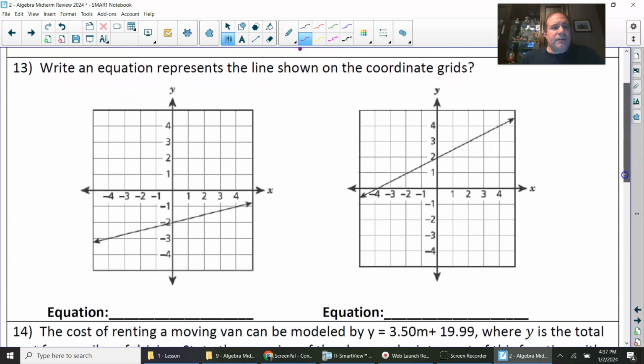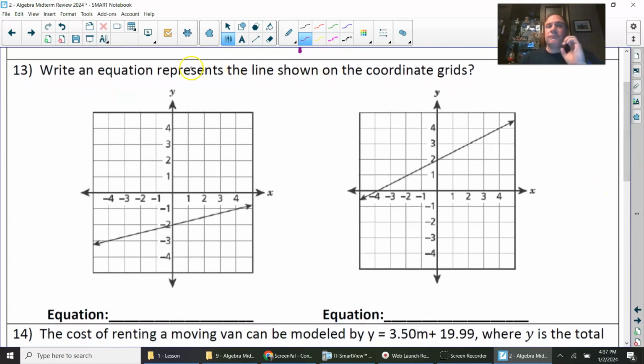Write an equation that represents the line shown on the coordinate grid. A little bit iffy there. Write the equation of the line that is represented by the graph on the coordinate grid. So just remember, you need two things. You need the slope, and you need the y-intercept. So I have the y-intercept as negative 2 here, right?